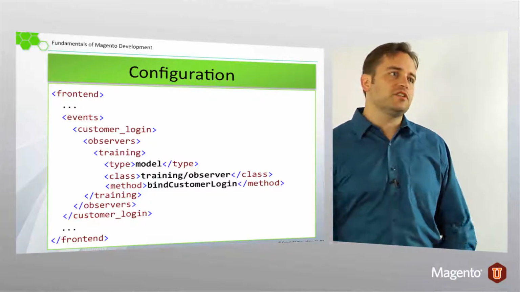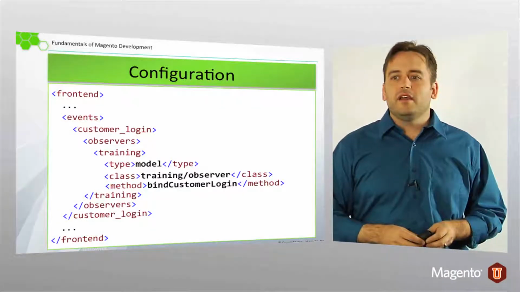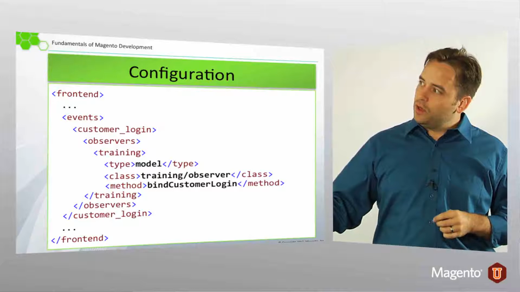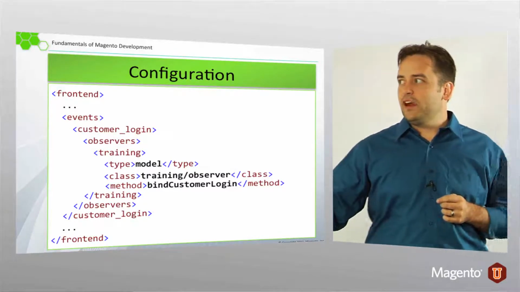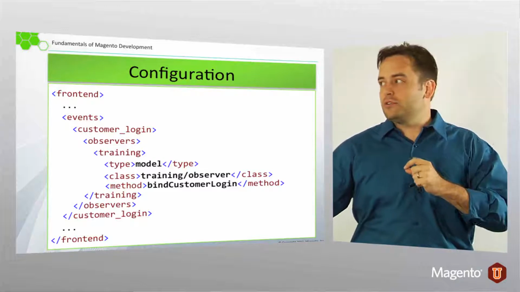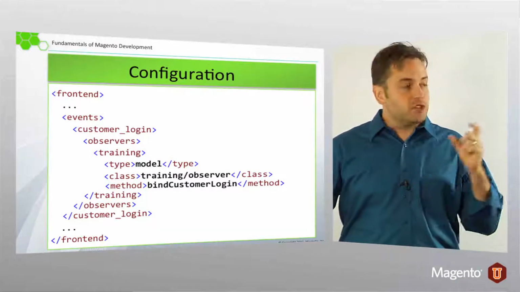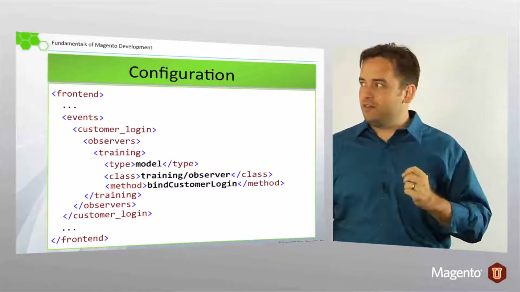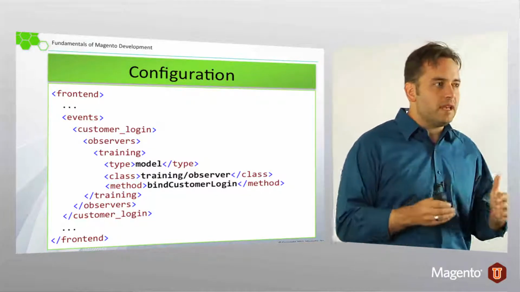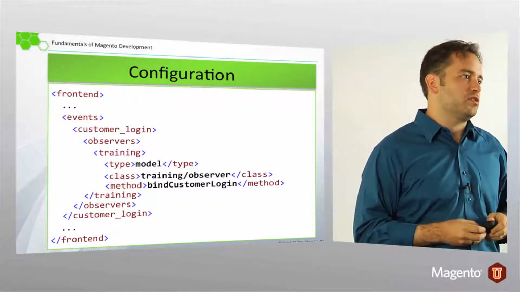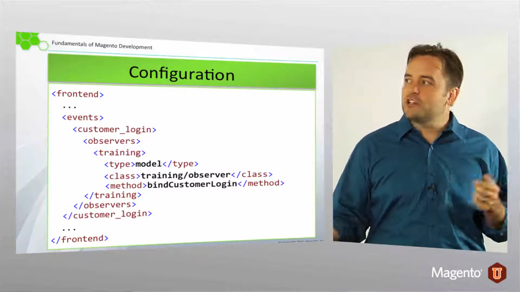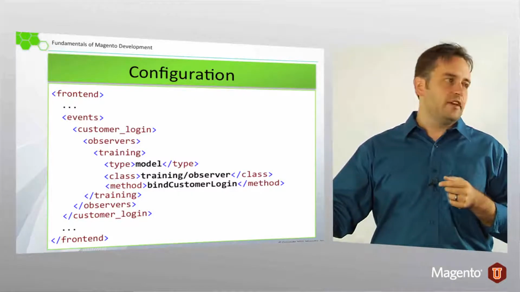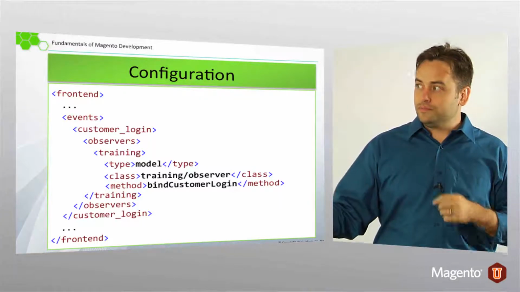So basically, every event fired in the system could be specified as a node under events, and inside each of those nodes, you would have an observers node. The reason it's plural is that there could be many different observers attached to any given event. So the configuration is going to look for the event node.